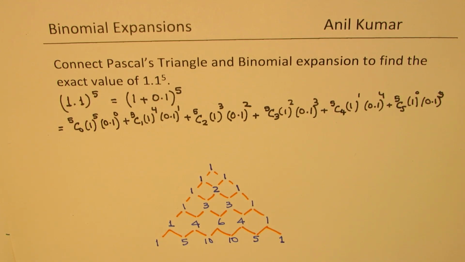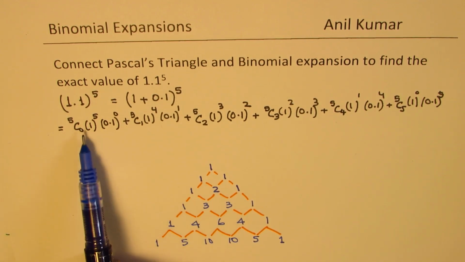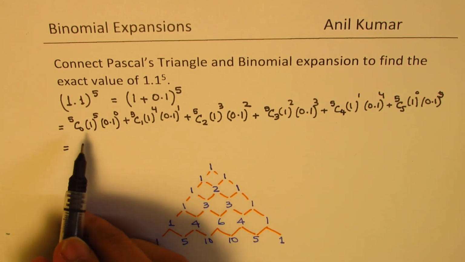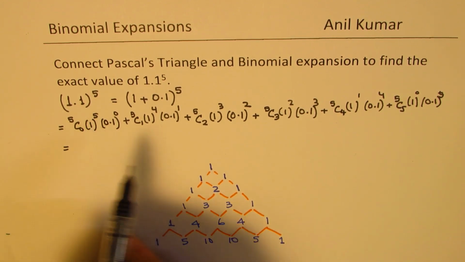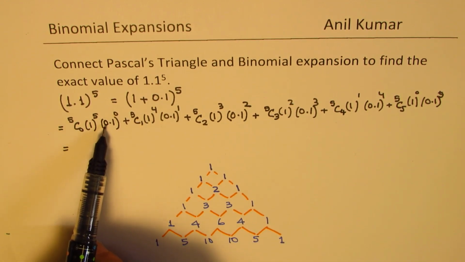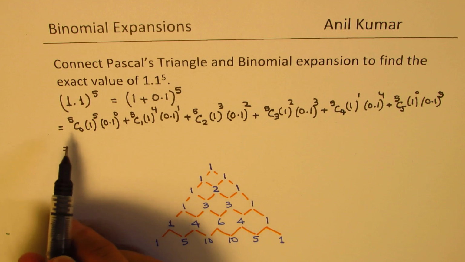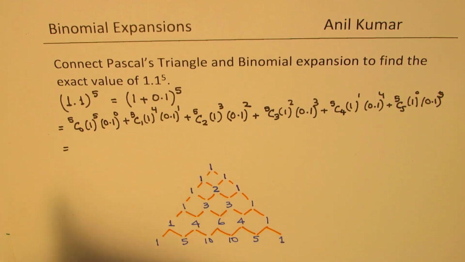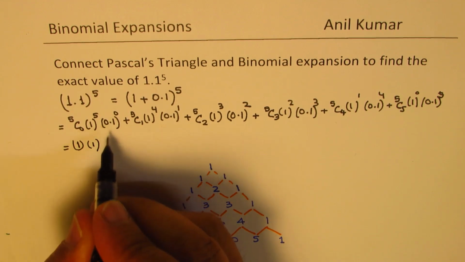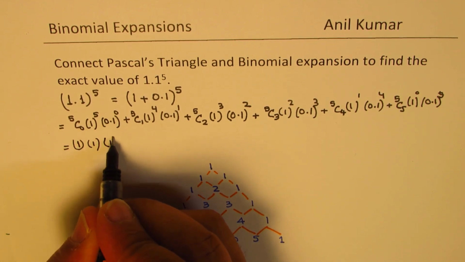Correct? So from here, we can substitute the values straight away. 1 to the power of anything is going to be 1. So we are now looking at 0.1 to the power. 5C0 is 1, as you know. So this is 1, this is also 1, and here that is also 1, correct?